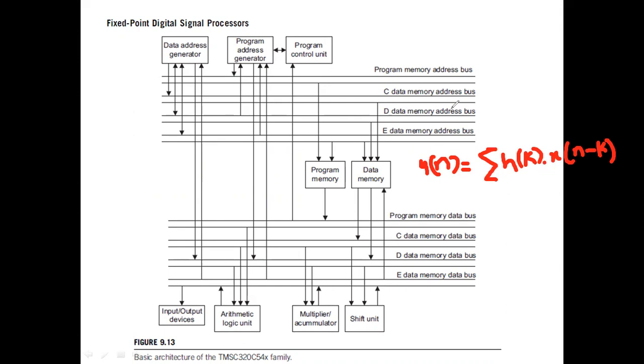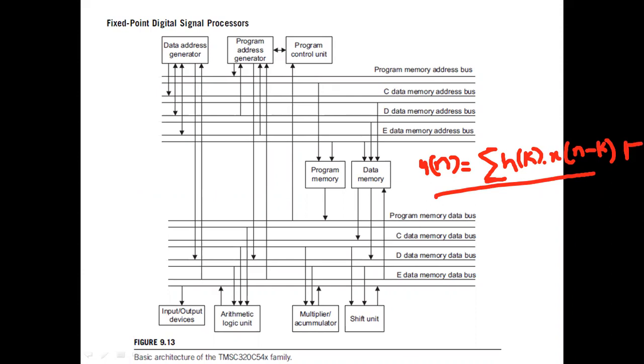Now let us try to understand why the processor architecture is designed keeping this particular operation in mind. Most of the time, operations in a DSP processor are convolution or similar. For this operation, how do you want your data to be? The opcode for this instruction will be residing in some memory location.